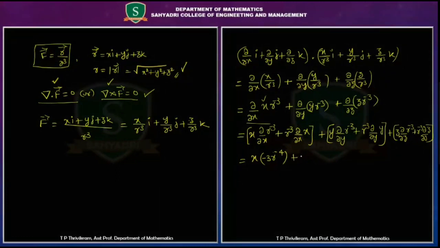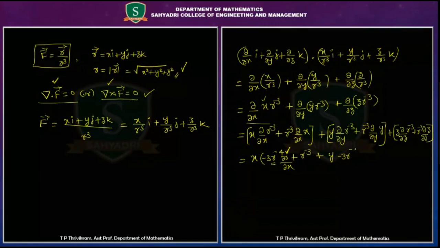Plus here r power minus 3 will be there. Plus y into minus 3 r power minus 4. But here one more thing you have to remember. Whenever you differentiate a function of x, since r is a function of x, y, z, you have to write dou r by dou x. I think most of the people didn't write this. So minus 3 r power minus 4 into dou r by dou x will come.